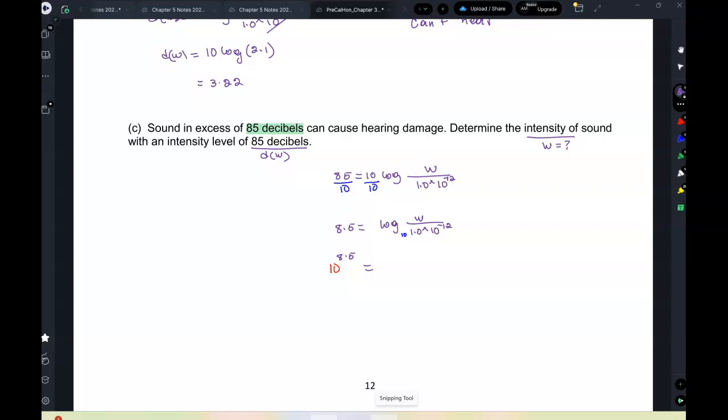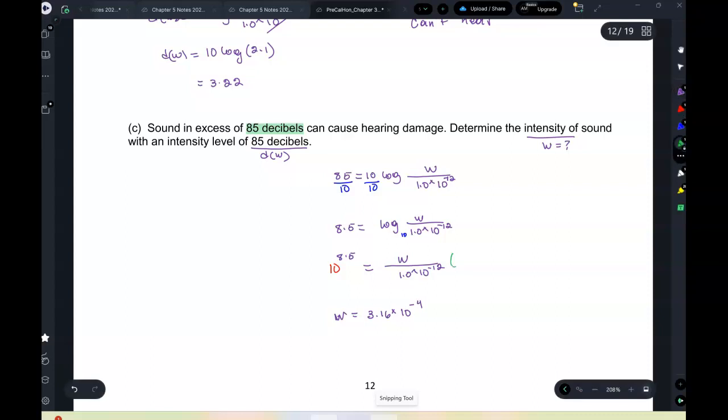So W over 1.0 times 10 to the negative 12. And how much is that? Yeah. So 3.16 times 10 to the 8.